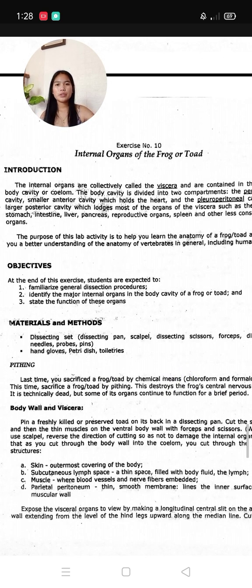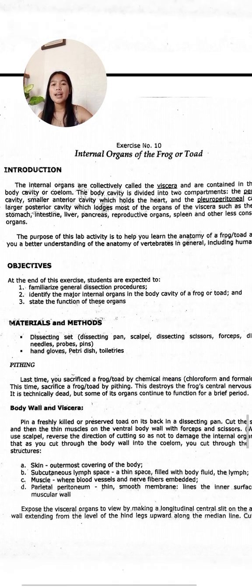So we're going to continue our discussion, which is exercise number 10, internal organs of the frog or toad. So what do you mean by internal organ? Internal organs are inside the body cavity of a frog.